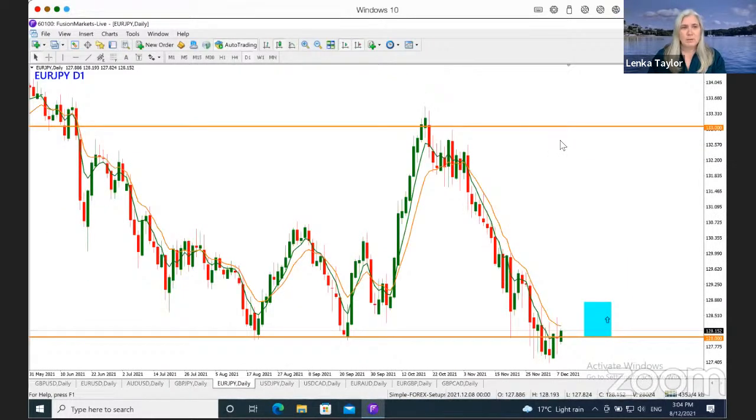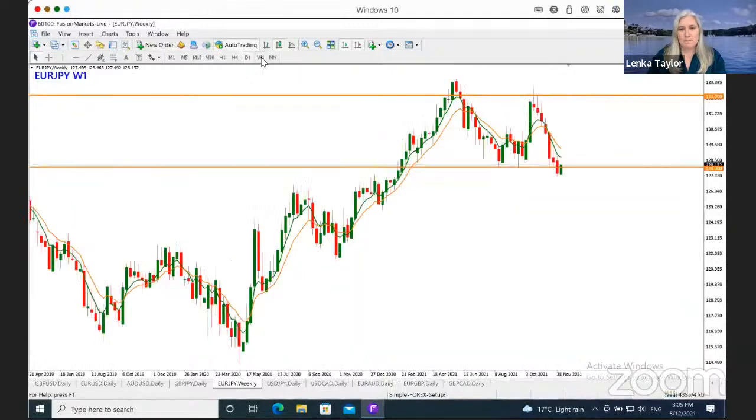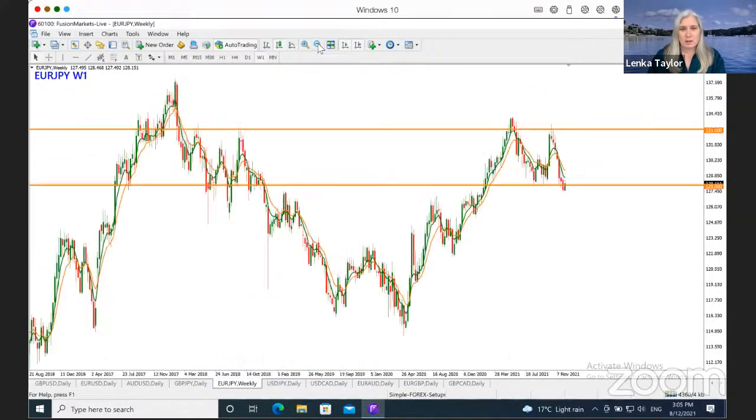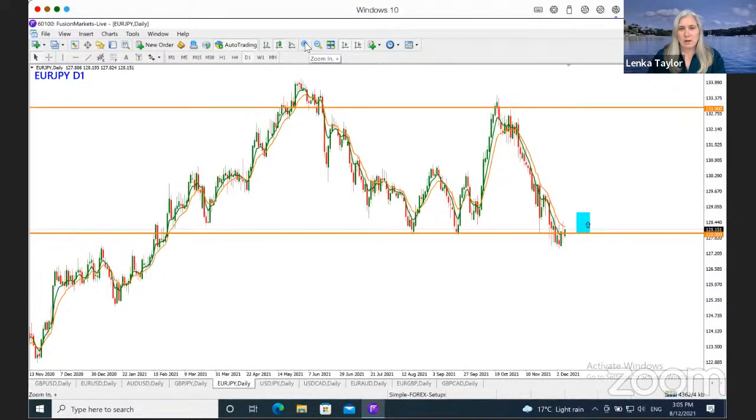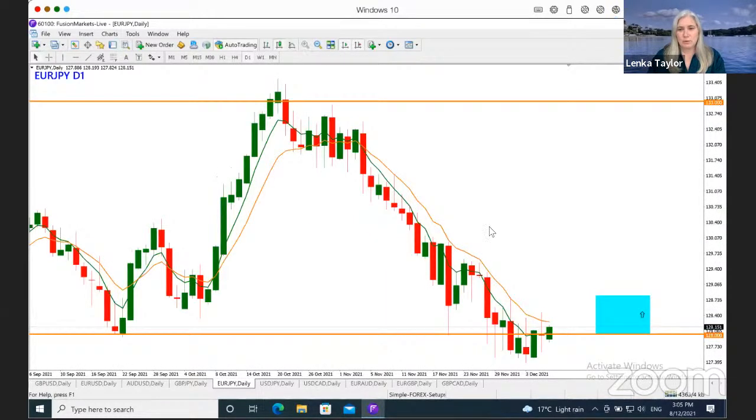Next currency pair I'm looking at is EURJPY. And EURJPY, I'm looking for a long. We are just at the bottom of that section there. On the weekly, it is still in the downtrend, but I'm thinking possibly we could have a reversal coming up soon.